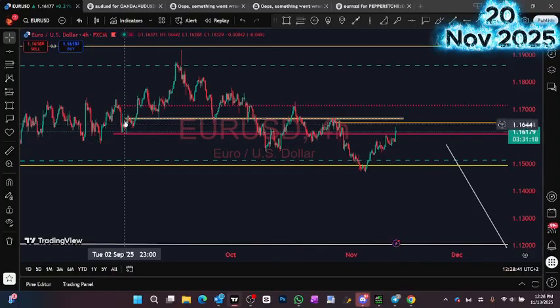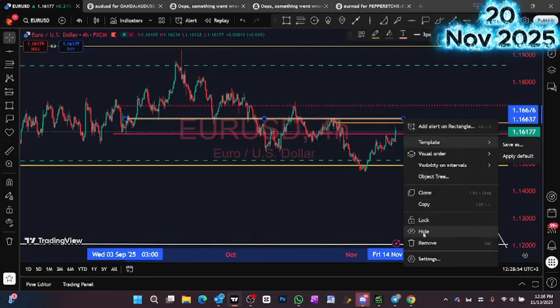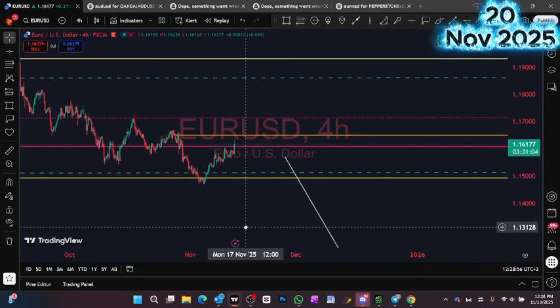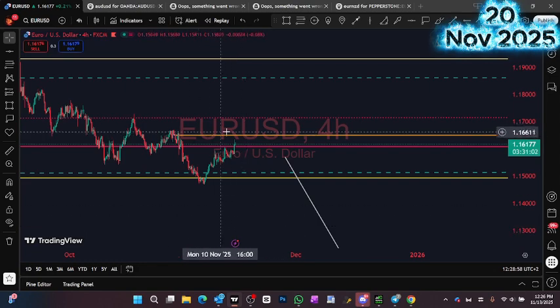So this is on it, hit, came back, hit, came back, hit, hit, hit, hit. So yeah, that's the resistance. So this is where we should be anticipating that price will go down.